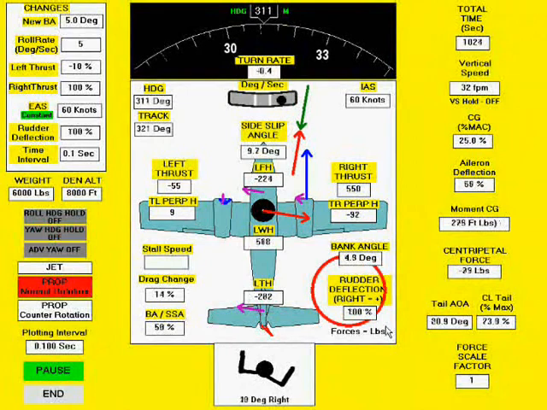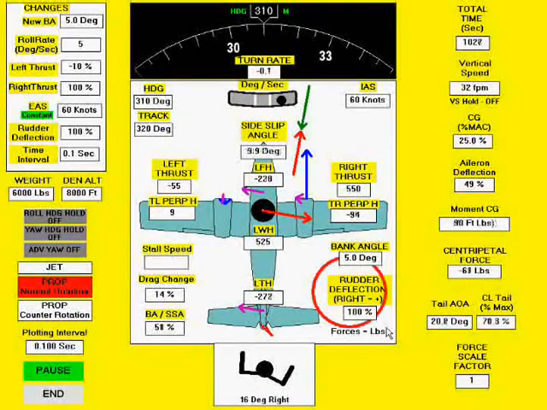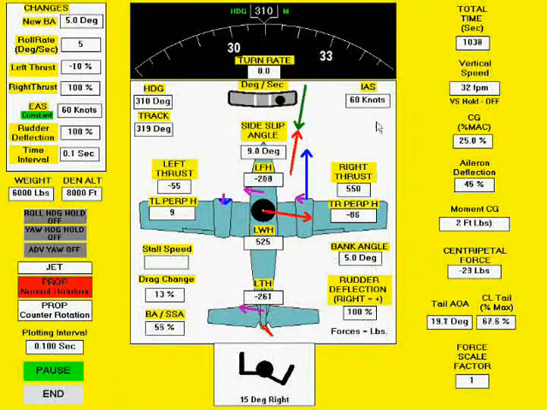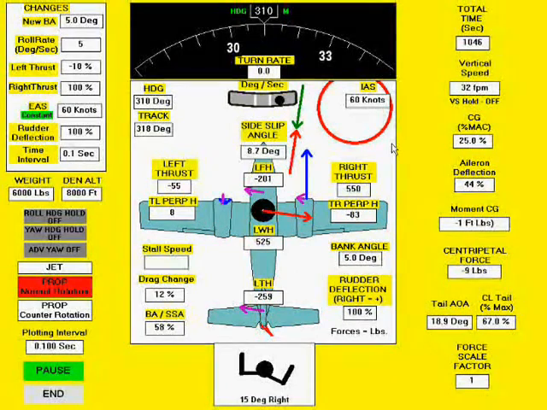Notice that 100% rudder deflection maintains a constant heading at a VMC of 60 knots. Compared to sea level, a density altitude of 8,000 feet reduces VMC by about 10 knots for this airplane.